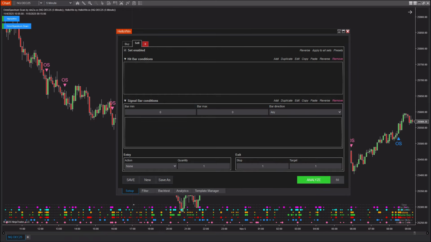For both the buy and sell setups, we're using a stop of 320 and a target of 385.